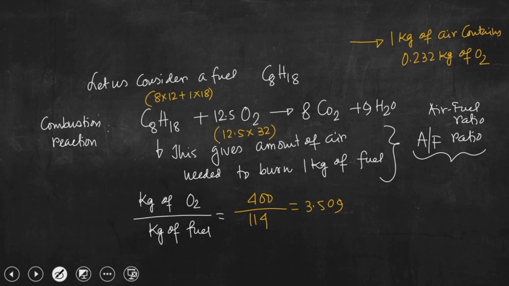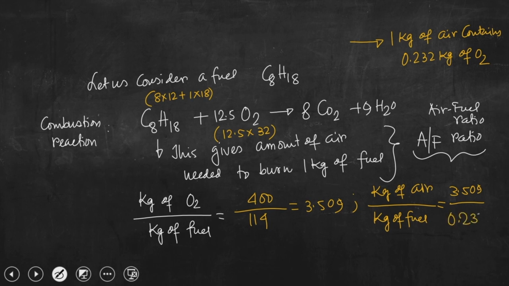We have calculated by this time the kg of oxygen needed to burn per kg of fuel, and from there, if we know that 1 kg of air has this much kg of oxygen, then we can straightaway write kg of air divided by kg of fuel, and that is 3.509 divided by 0.232, right, and this is 15.12.